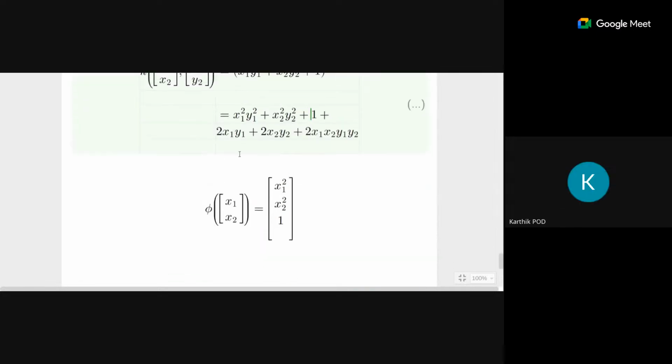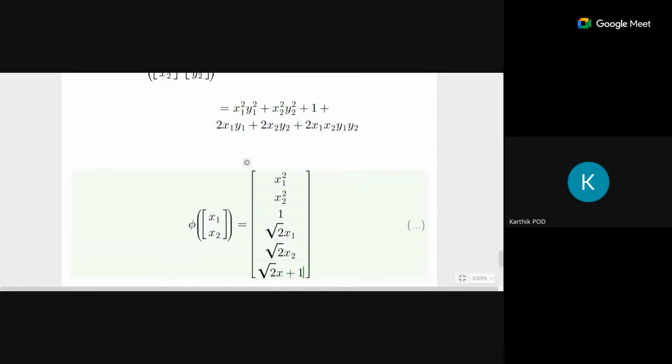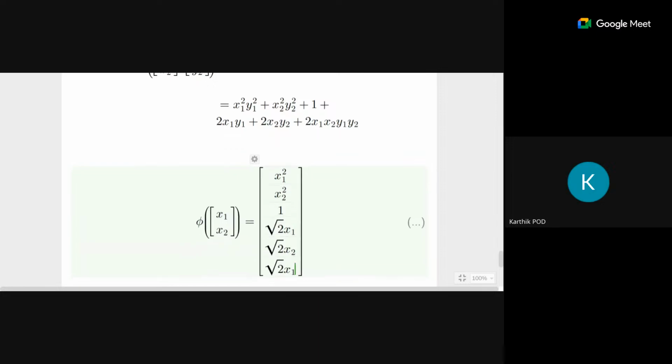And I want x1 and y1, which means I need x1 here, and since I want 2 x1 y1, I need root 2 x1 on one side, and likewise root 2 x2 on the other side, so that I get this term. And I want root 2 x1 x2 so that I get the last term. This is what you would have done. So this is R2 to R6.